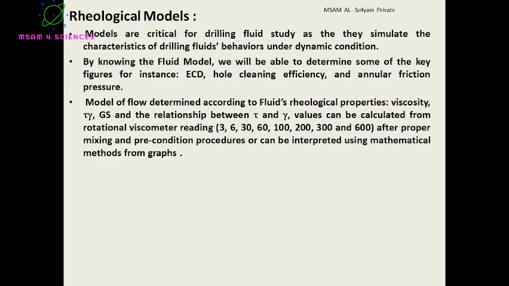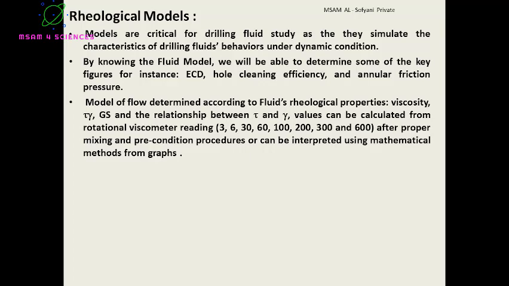We can get the rheological properties that need to be achieved in order to determine the appropriate rheological model for this type of fluid, from yield point, gel strength value, and the relationship between shear stress and shear rate.